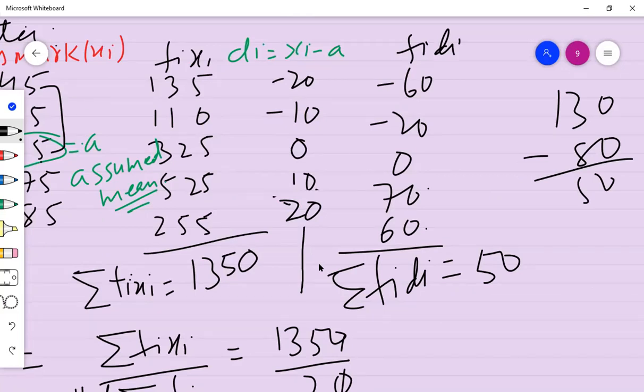So suppose we have very large numbers in statistics, then we try to find the mean by the assumed mean, and if the numbers are even larger, then we apply the step deviation method.